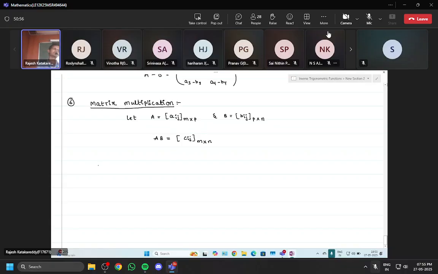Now matrix multiplication is a trickier one. If you are learning first time, I suggest you to listen.